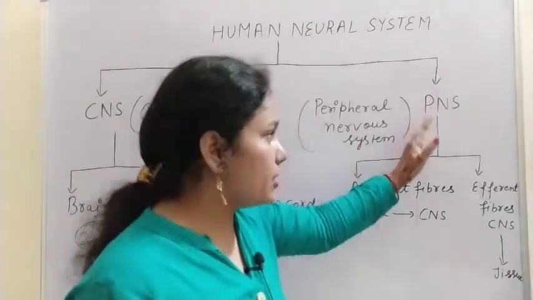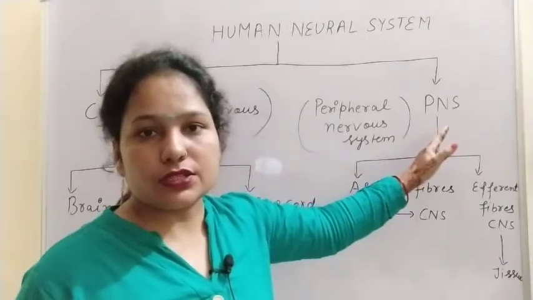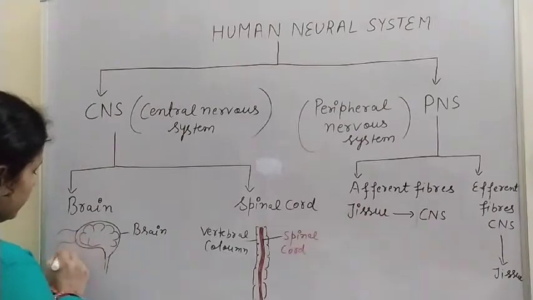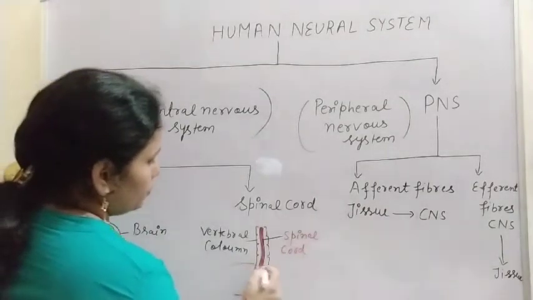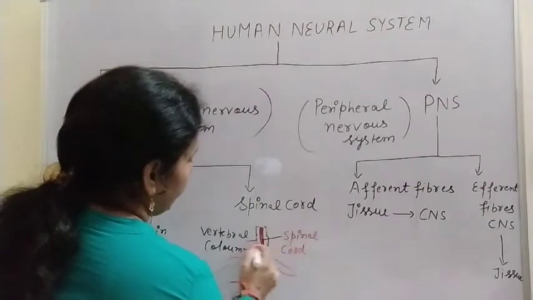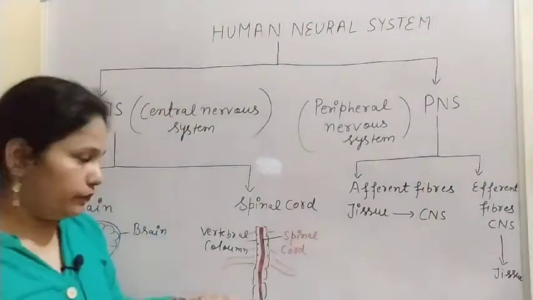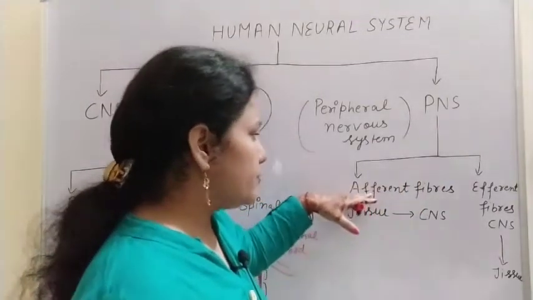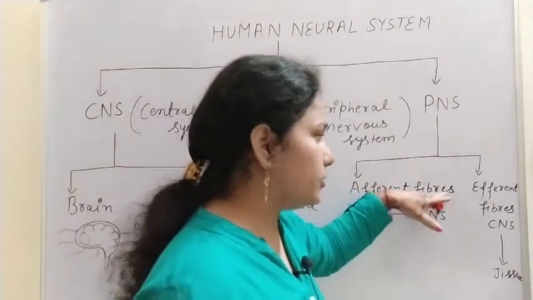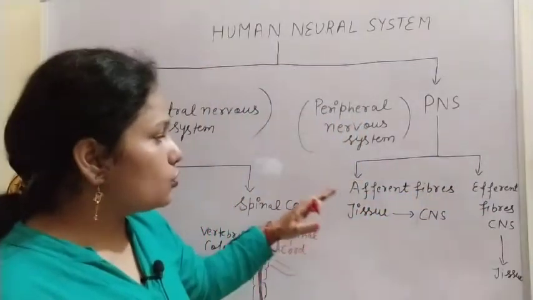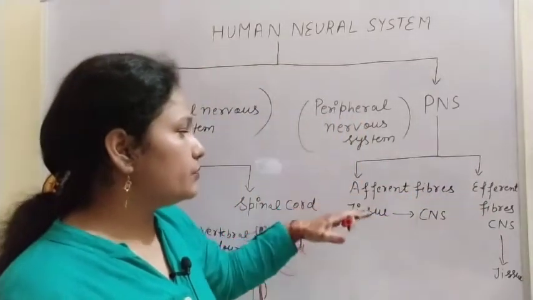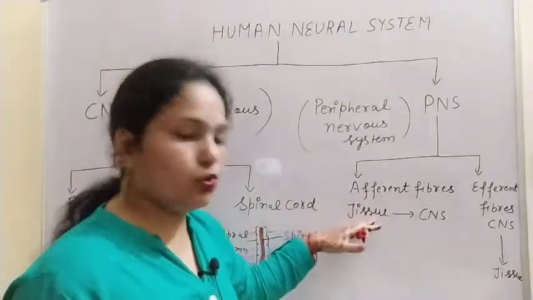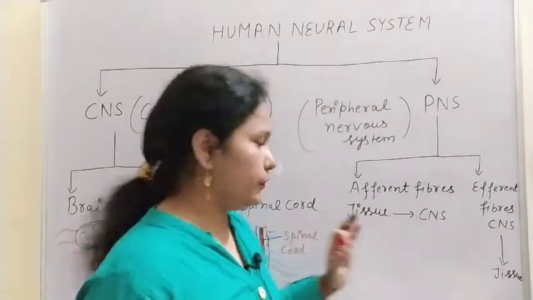After that, the peripheral nervous system. Peripheral nervous system means the nerves arising from the brain and the spinal cord. This peripheral nervous system is divided into two types, the afferent fibers and the efferent fibers. The afferent fibers supply the message from the tissue to the central nervous system.